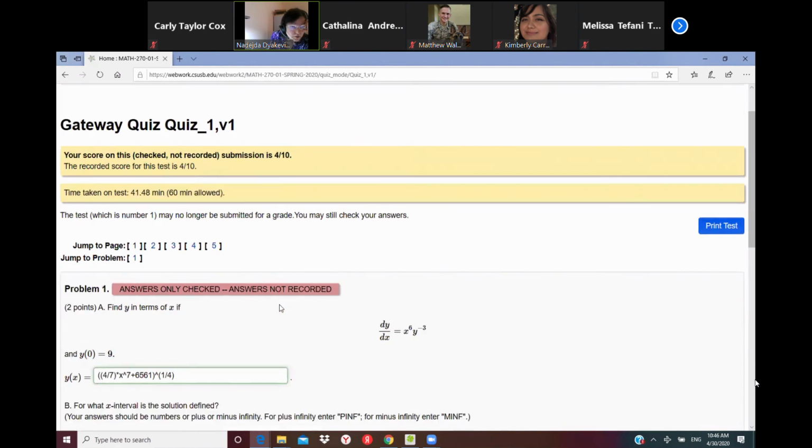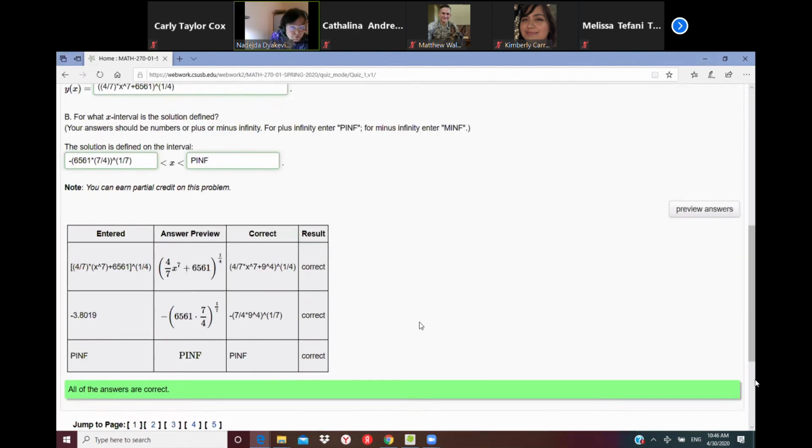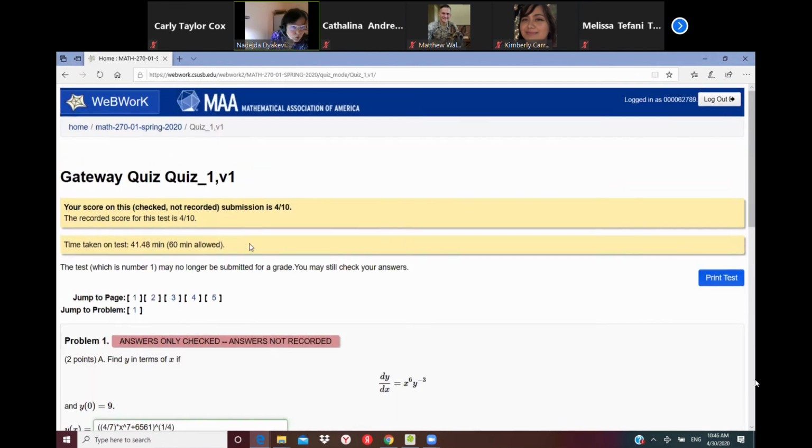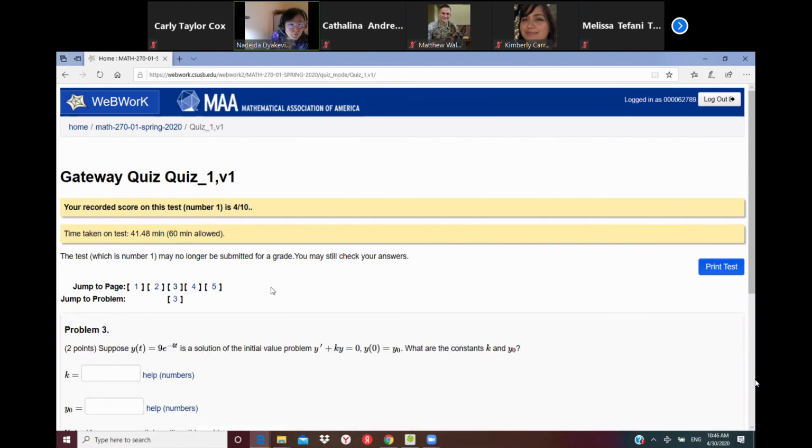I don't see anything. Let me see. Oh yes, it says correct, correct, correct. So everything is accepted as correct for the first 2 problems. And the rest we haven't attempted, so I'm going to go to number 3.